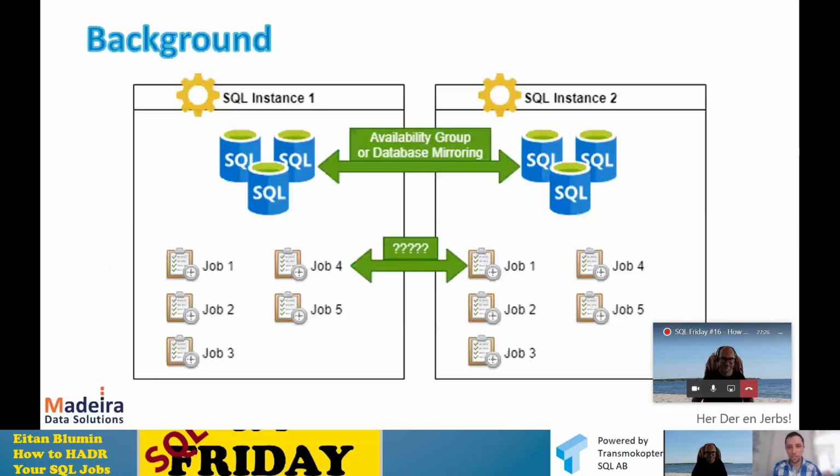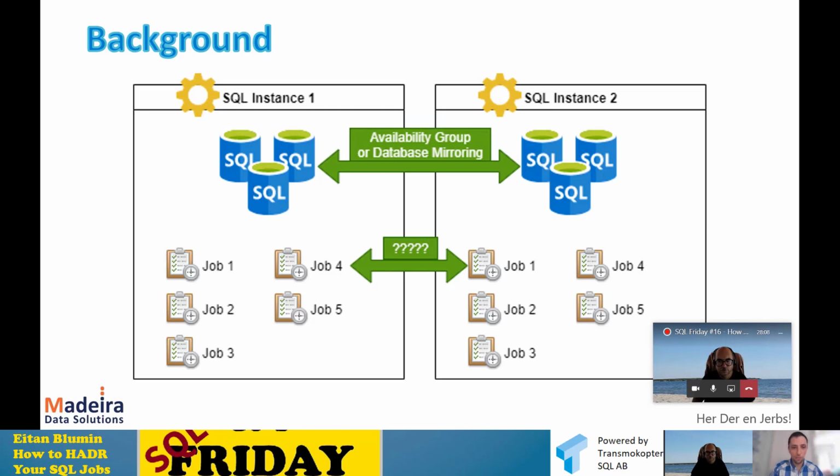So let's dive in on today's topic. Today's topic talks about something like the following scenario. We have two or more SQL Server instances with some kind of high availability solution set up between them, be it Always On availability groups or database mirroring. And besides the database or databases themselves that are taken care of automatically as part of said solution, we also naturally have scheduled SQL Server jobs.